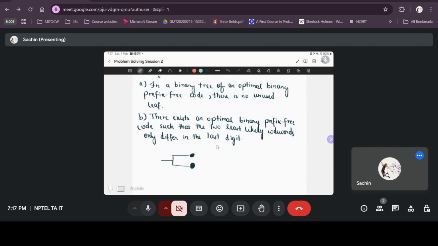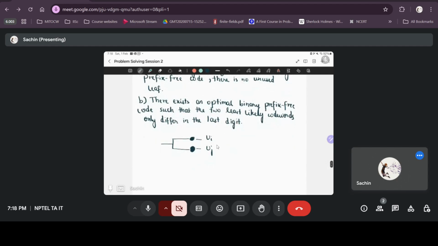Then you could swap these code words with the code words for the least likely messages. That is, suppose this is a code word for message UI and this is the code word for message UJ, and suppose UK minus 1 and UK are the least likely code words.